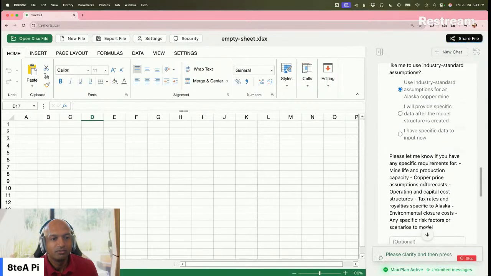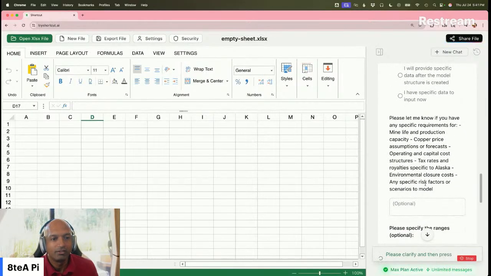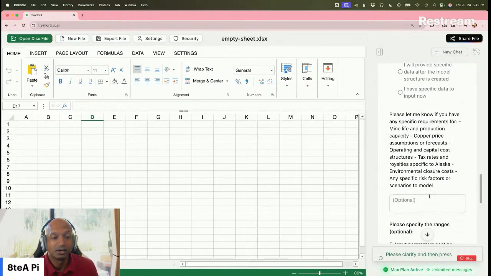Please let me know if you have any specific requirements for mine life and production capacity, copper price assumptions or forecasts, operating and capital cost structure, tax rates and royalties specific to Alaska, environmental closure costs, any specific risk factors or scenarios to model. This is good. It's really asked me for questions that I would probably ask an external party for, or I would do research on.